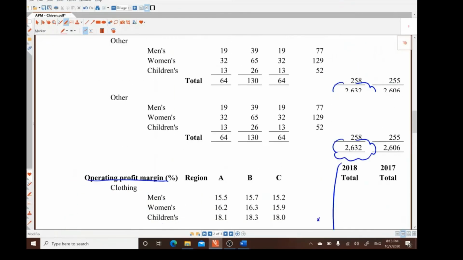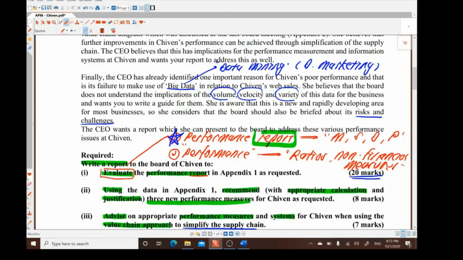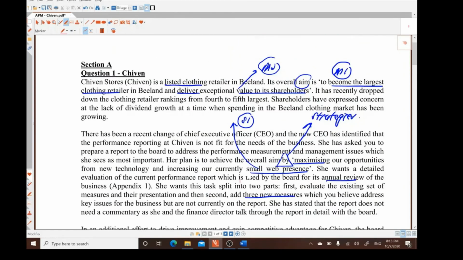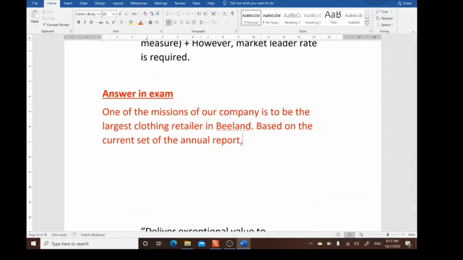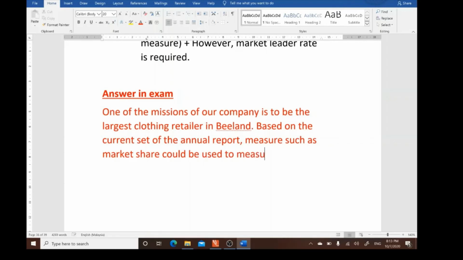Of course, we can refer back to some of the information in the first paragraph. Based on the current set of the annual report, a measure such as market share could be used to measure the achievement of these aims.